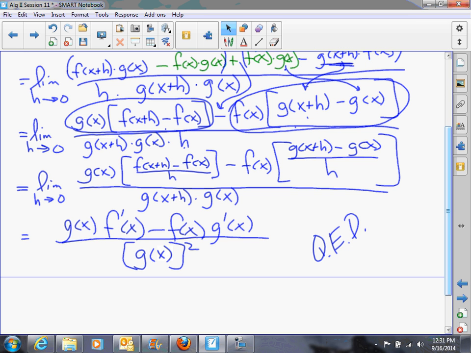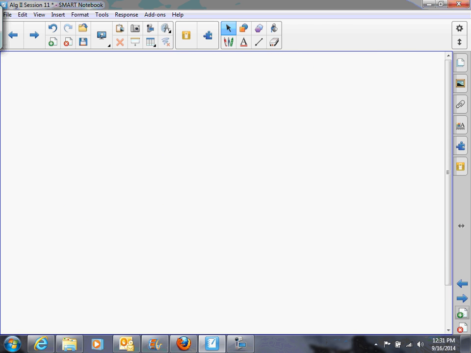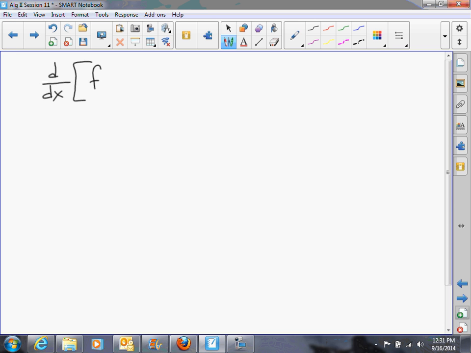One more. Let's do the chain rule. Now, what we want to do this time is prove that the derivative with respect to x of f of g of x is equal to f prime of g of x times g prime of x.